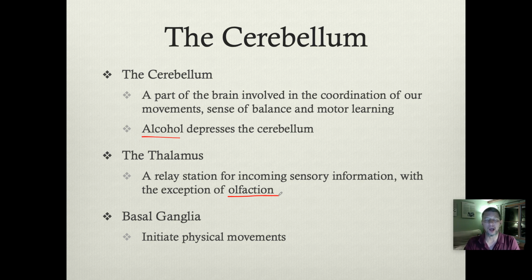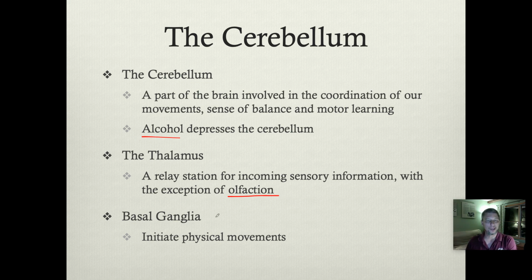But your vision, your hearing, your taste, and a lot of the kinetic senses, the sense of touch, are all controlled or relayed to the appropriate portions of the brain by the thalamus. So it kind of acts like the router for your internet. If you've got wireless service inside your home, the thalamus is kind of like the router.